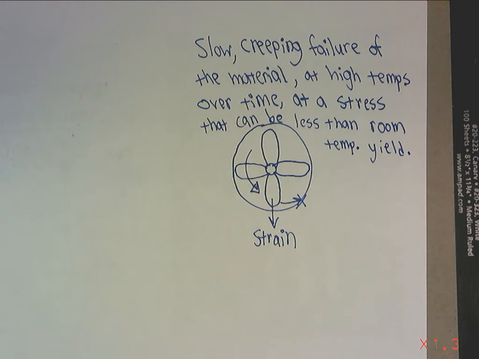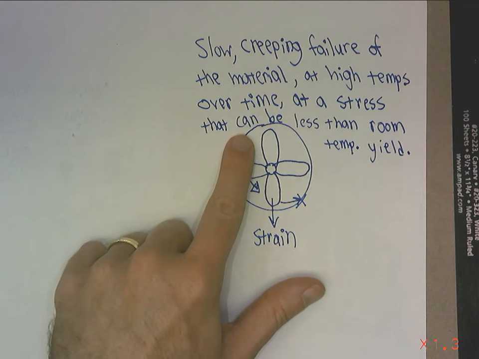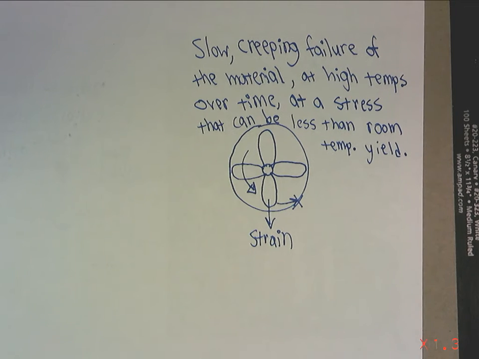If we load our material up near the ultimate tensile strength and then heat it up, it will creep failure very quickly. So that's why I say can be less than the room temperature yield strength. Doesn't have to be. But usually that's when these are insidious and creep up on us.